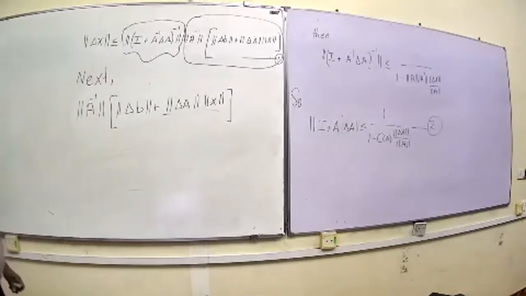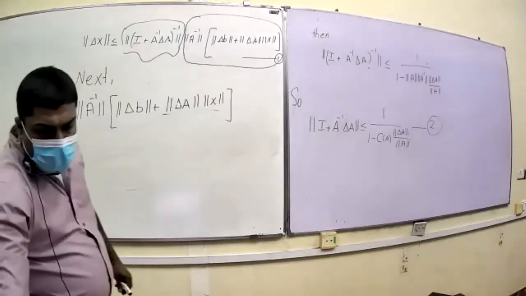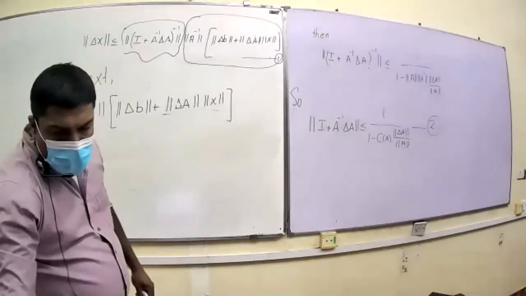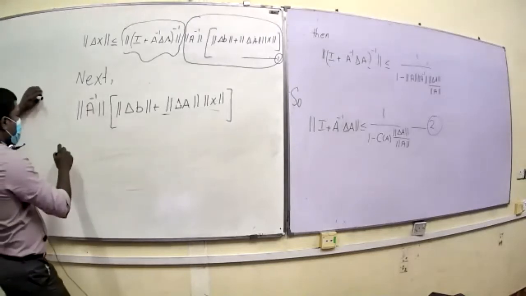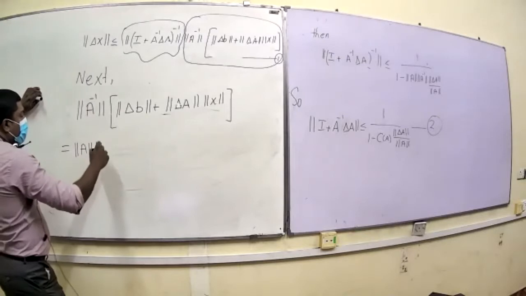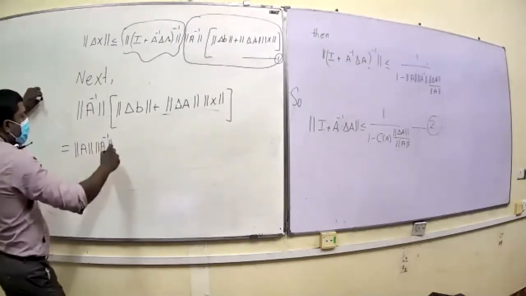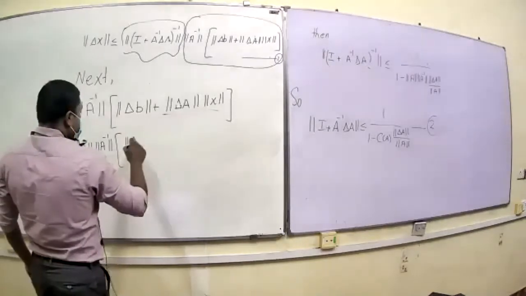Right. So now what I do, I want to bring condition number of A. Okay, so I want to bring condition number of A. So this is norm of A times norm of A inverse. Right, so you multiply by norm of A, so you have to divide by this.